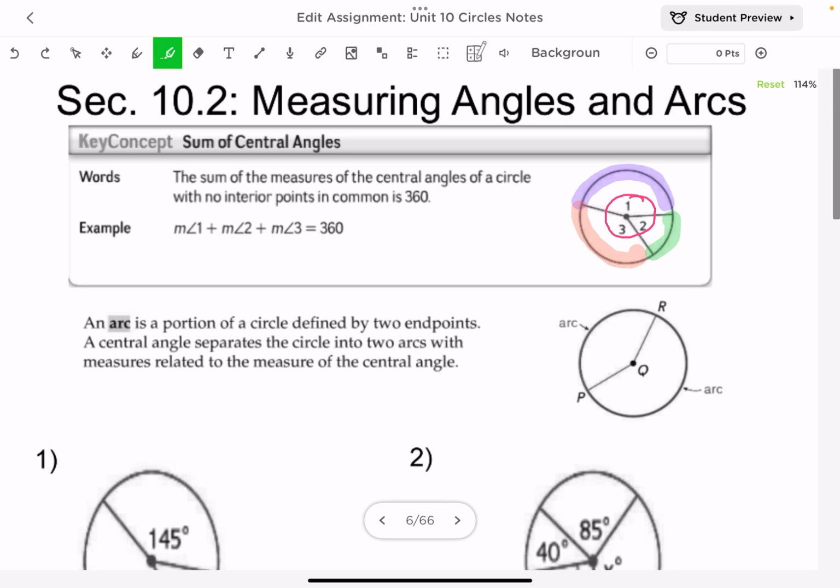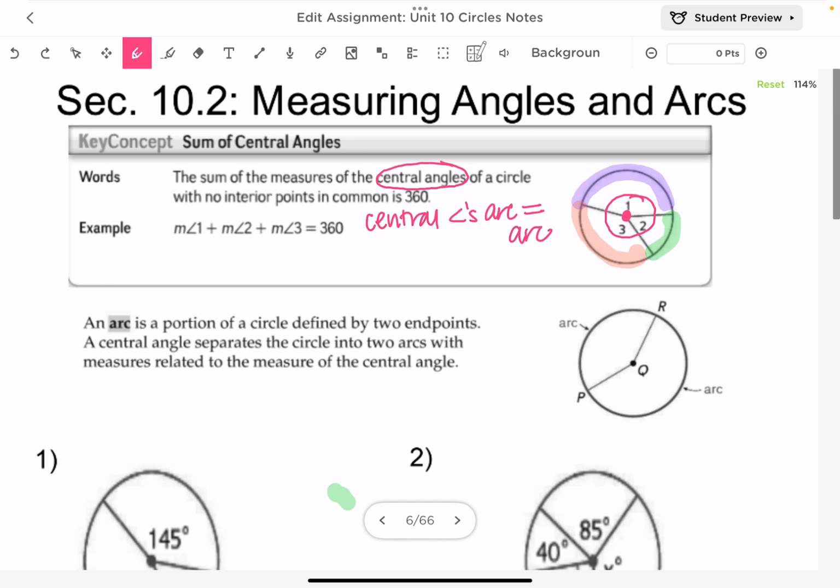These 3 angles that you see, all of them have a vertex at the center. Those are called central angles. And what we're going to see is that central angles are equal to the arc that they open up to.